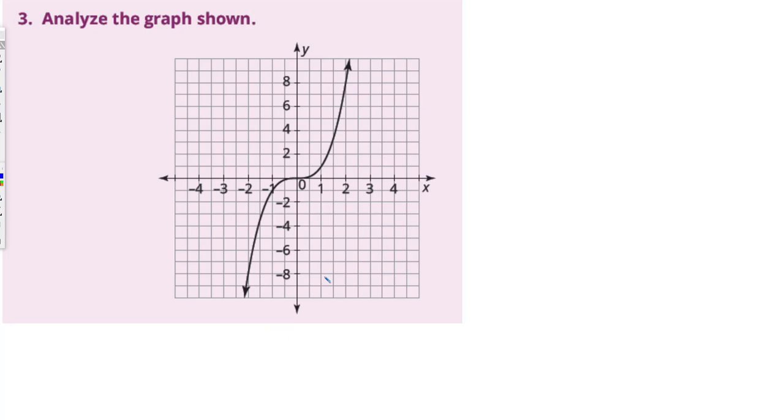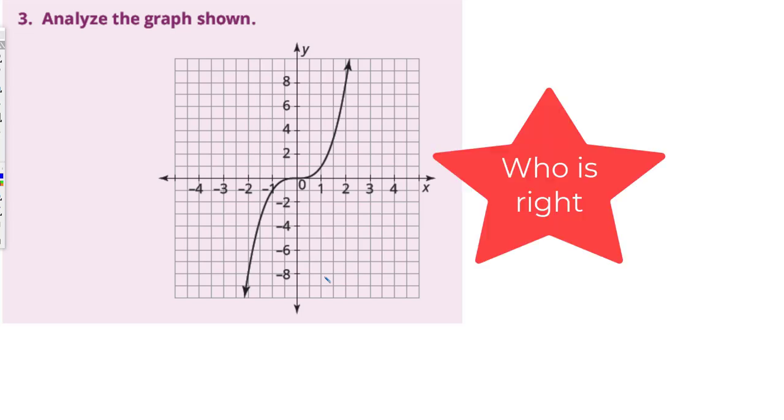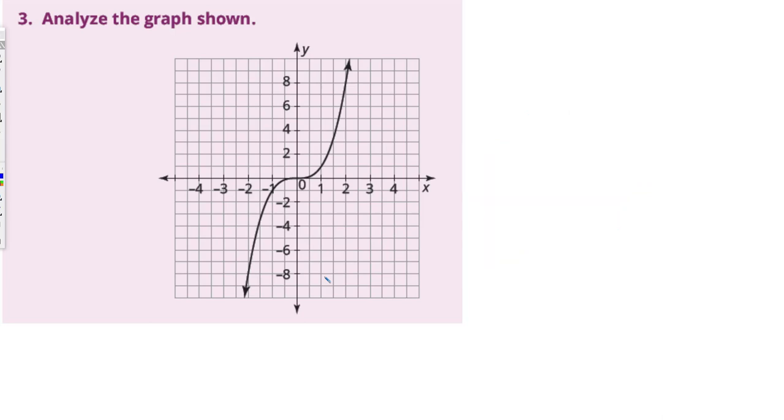So if we're looking at this graph, is there any way we can fold the positive side to get to the negative side? Olivia says that there's absolutely no line of symmetry whatsoever.